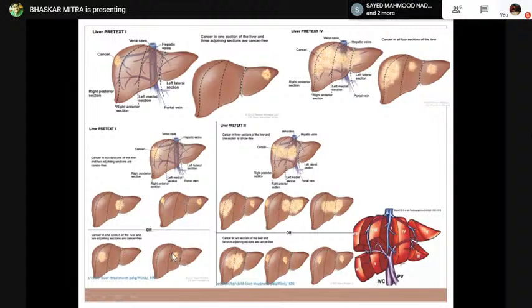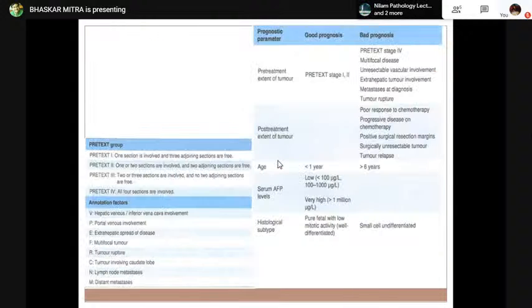Or this one involved, here 2 is free, 1 is free. So this is again 2 not involved, 1 free. This is stage 2, 3, 1 is free. Here this one is involved, this one is free. You can see, and in stage 4, all the consecutive ones are involved in a continuous fashion or in a multifocal fashion. So this picture will be easier to understand.